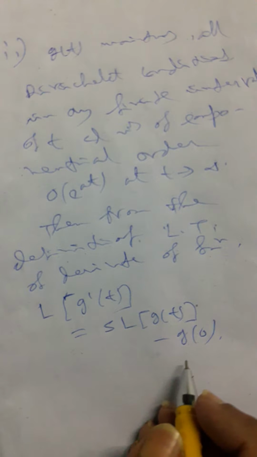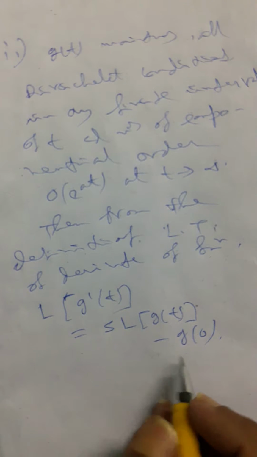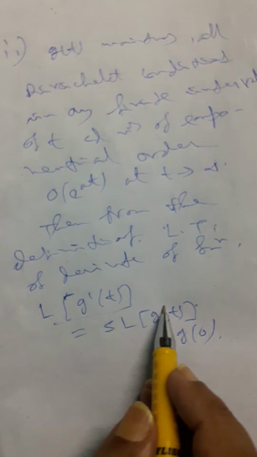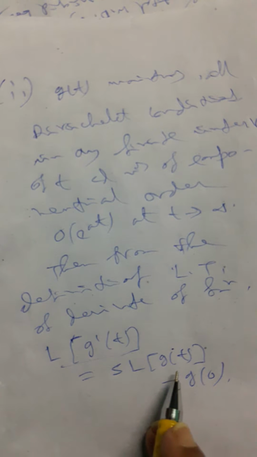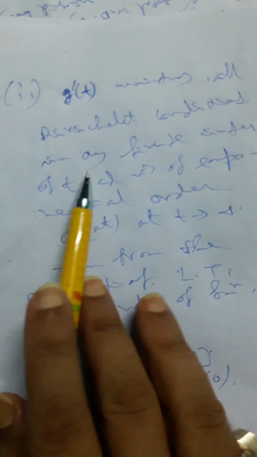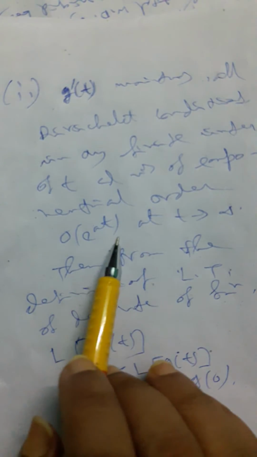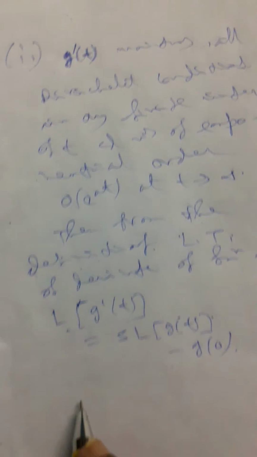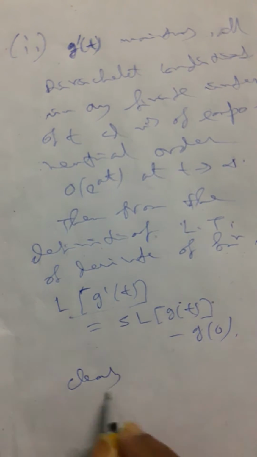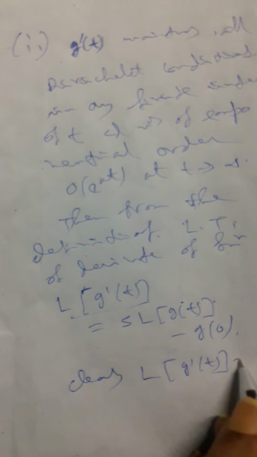Now from the first part of the theorem, since g(t) maintains all the conditions, we can conclude g dash t maintains all the Dirichlet conditions in any finite interval of t and is of exponential order e to the power at. So clearly, from the first part of the theorem, the limit of L of g dash t is equal to 0.